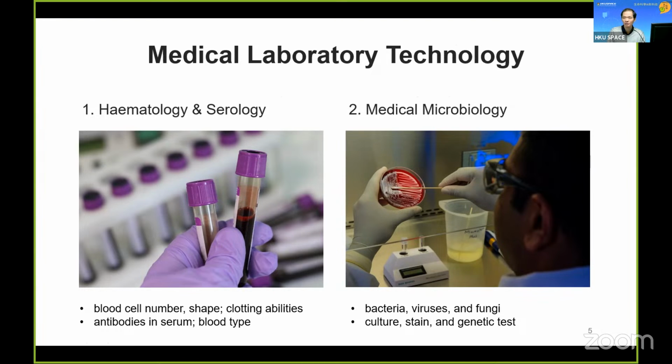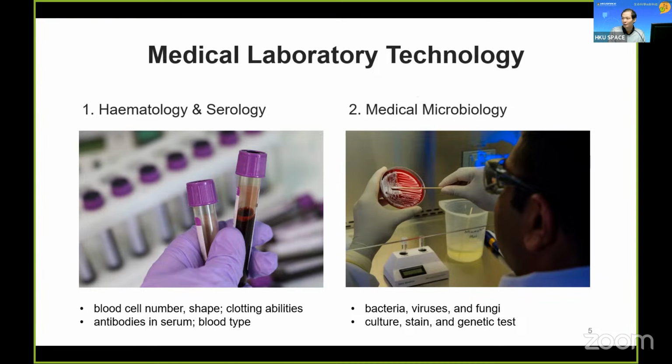One is hematology and serology, which normally does tests to analyze your blood, including the shape and the number of your different blood cells, white blood cells and red blood cells, and they also test your blood type, A, B, and O. Those are done by the hematology and serology department or unit.